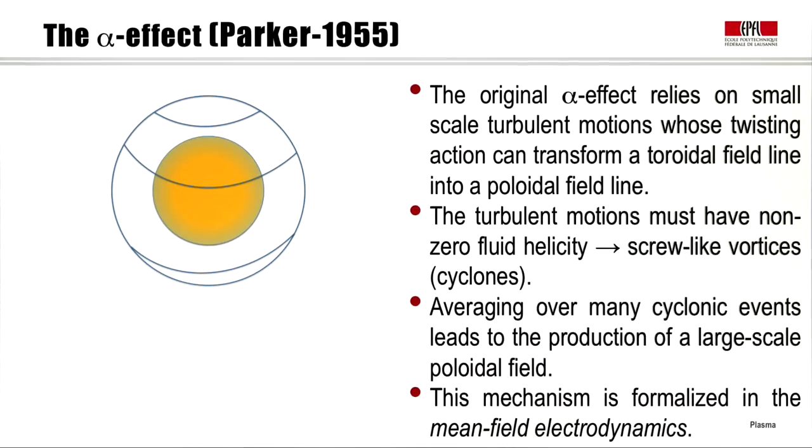The main idea is that a turbulent flow, which has particular features, can twist a toroidal field line into a poloidal one. For example, if you have a convection of plasma in a rotating frame, this can generate turbulence, which is characterized by a non-zero fluid helicity.